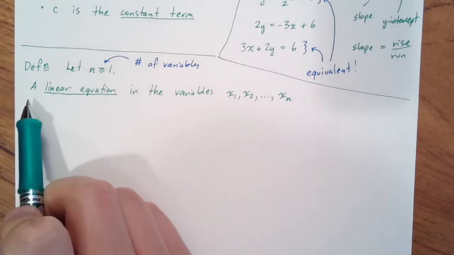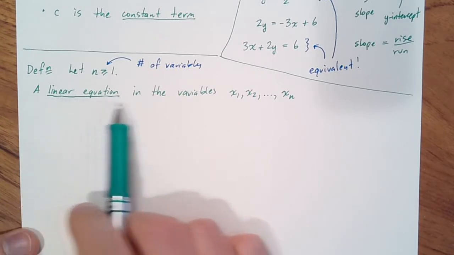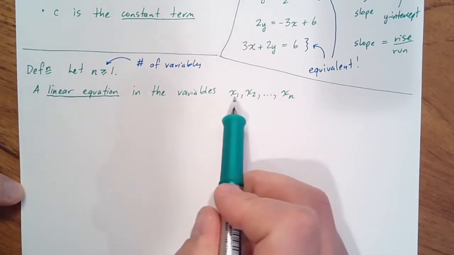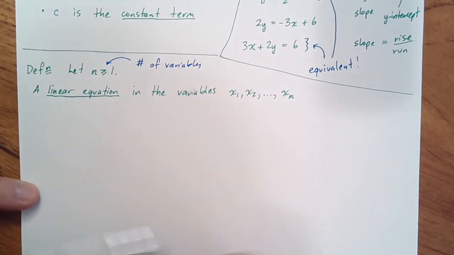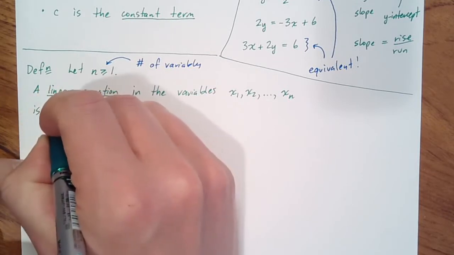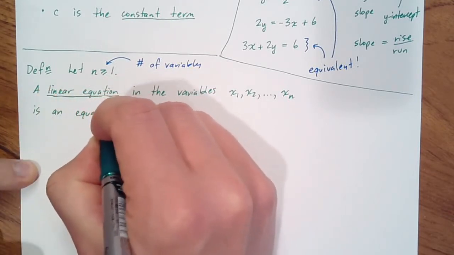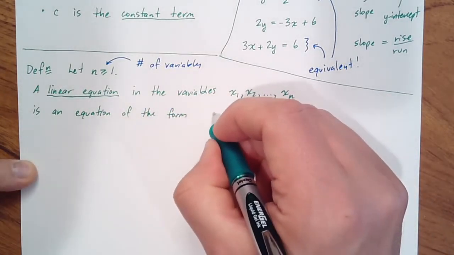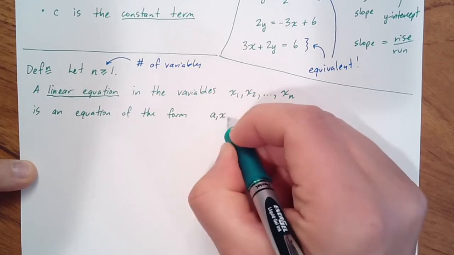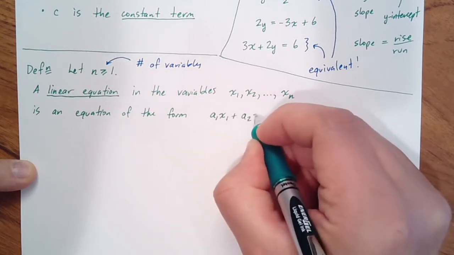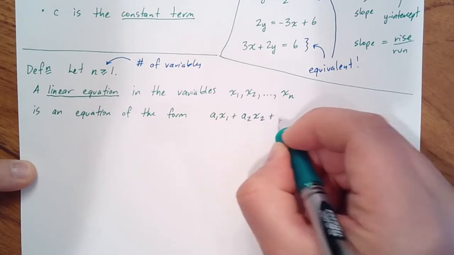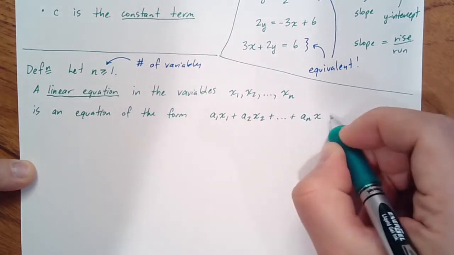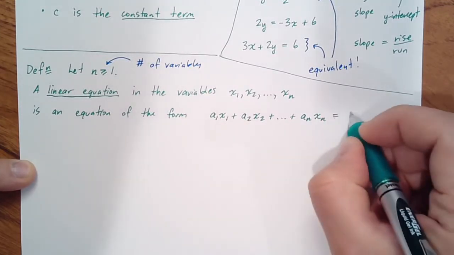Okay, so that's a lot of talk, and I really still haven't told you what exactly a linear equation in these variables is yet, and that's what we're going to do now. So a linear equation in the variables x1 up to xn is just an equation of the following form. Here's what it would look like: a1 x1 plus a2 x2, and so on, all the way up to my very last variable, which is also going to be multiplied by an, so an xn, and that is going to equal b.